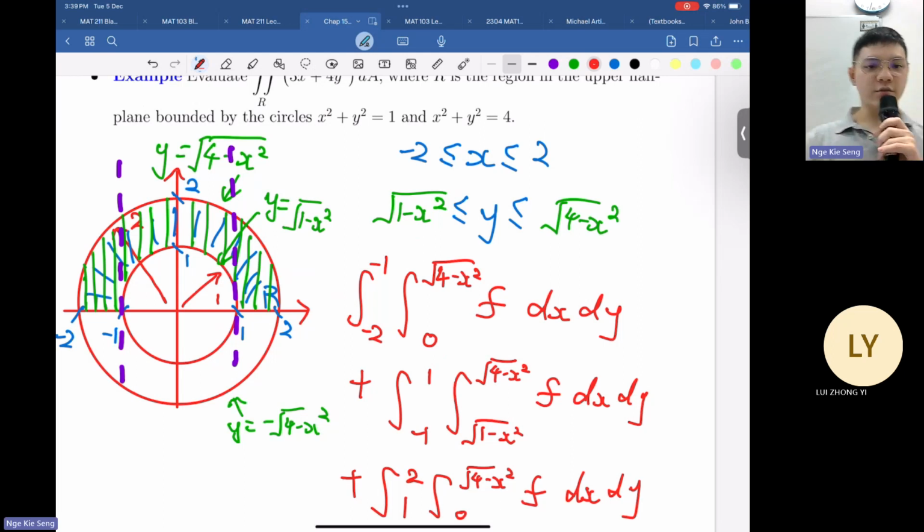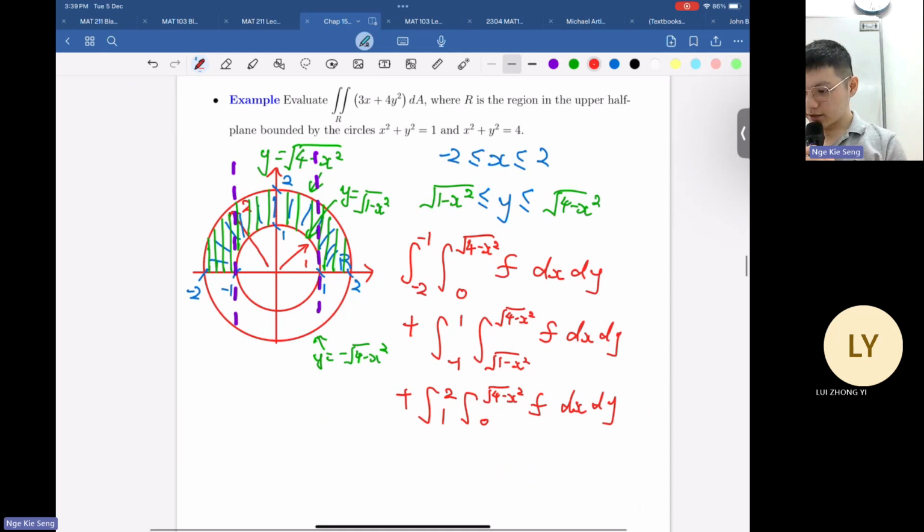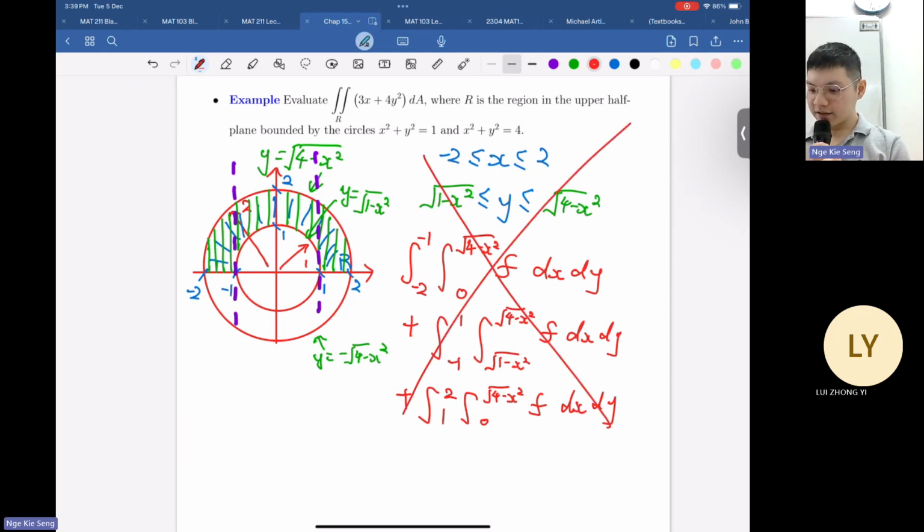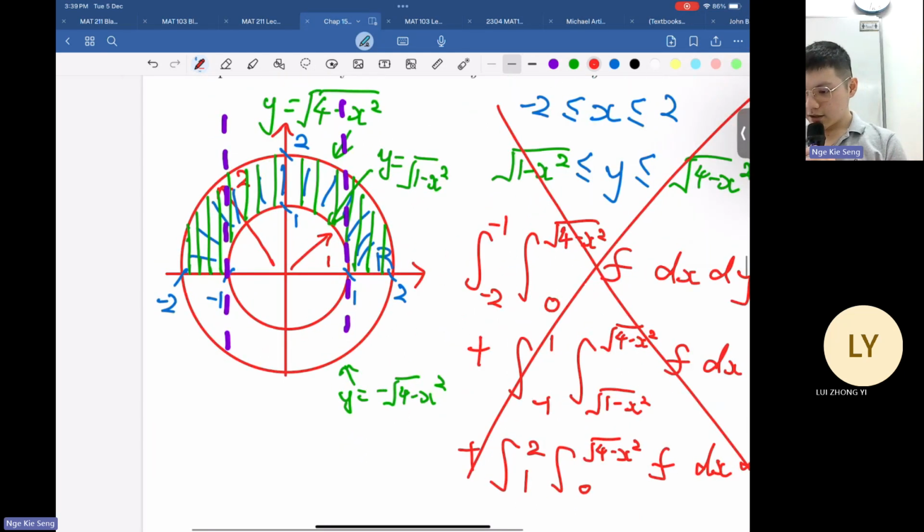Let's use polar coordinates to understand this question. Let's scrap this out. If I understand this as polar, can you see how we explain this region using polar? It is bounded by 2 circles, meaning you take the large one and take away the small one.